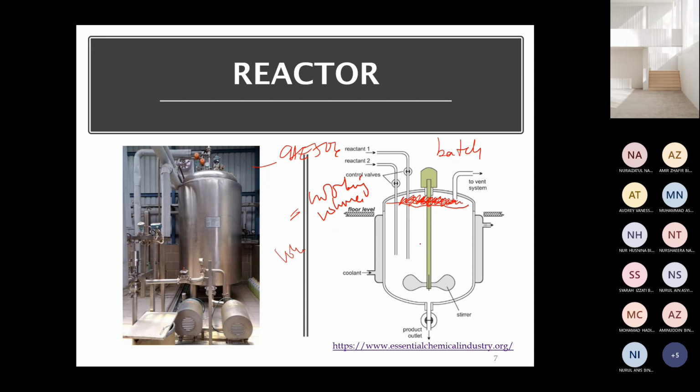When the reaction is completed, then you release the product through the valve here, as the effluent. For continuous, you need to open the valve here and let the reactant be fed continuously.